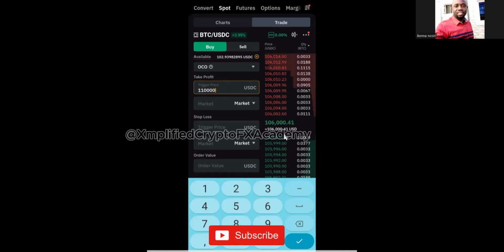What will work for you here is placing it below this market price. You can say you take profit at maybe $95,000. That means whenever it gets to $95,000, you're buying the coin.